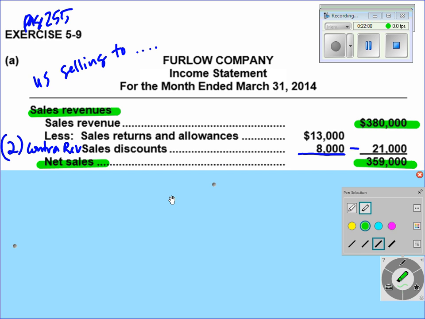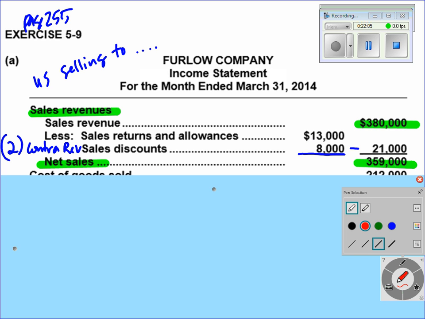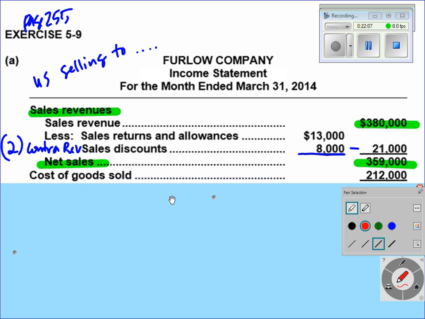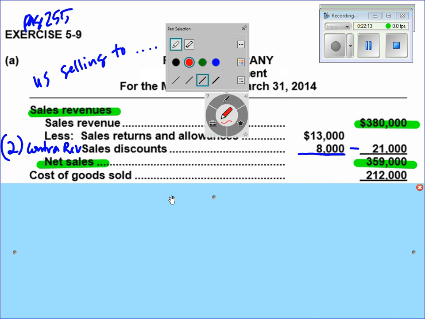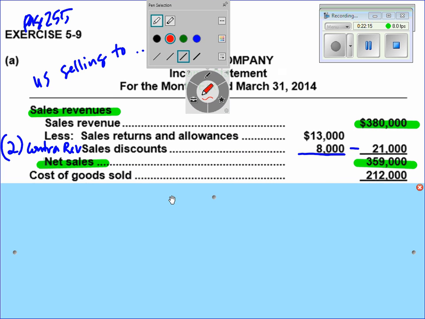What else do we have to chop up off our sales? Cost of goods sold. I'm cool with you putting COGS there. When we subtract off our COGS, what's that next hoop that we've accomplished?